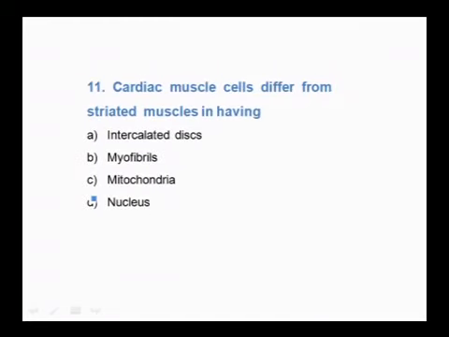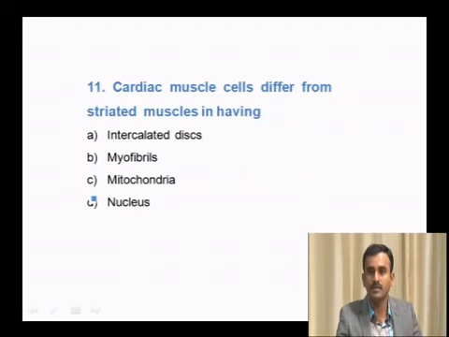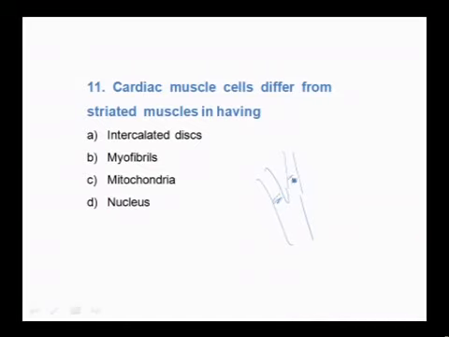Cardiac muscle cells differ from the striated muscles in having? Cardiac muscles are branched. They contain specialized wall thickenings called intercalated discs.